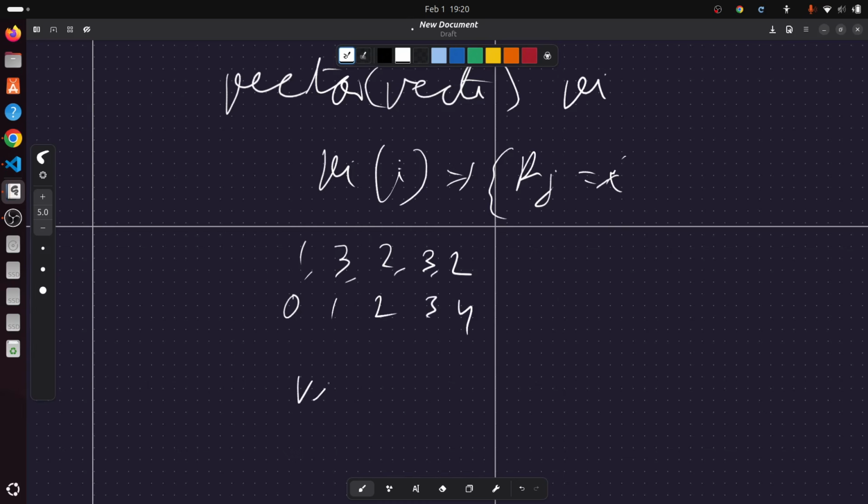So my vi of 3 will store this 1 and 3. Okay, so basically all the positions at which there is a 3, right?